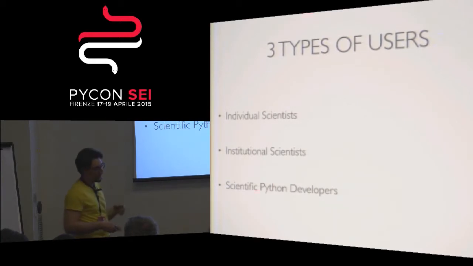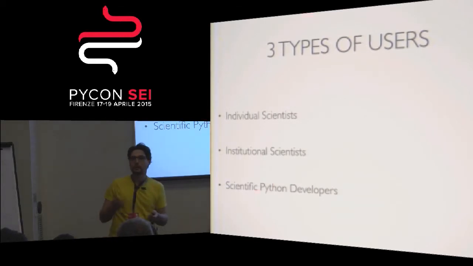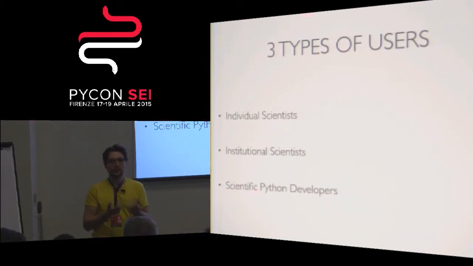The individual scientist is the one who develops code on his own, so he has no real constraint. He could implement the code in Python 2, or if he or she would like to implement in Python 3, no constraints are imposed. So maybe people belonging to this category are the ones who could make the change more easily.